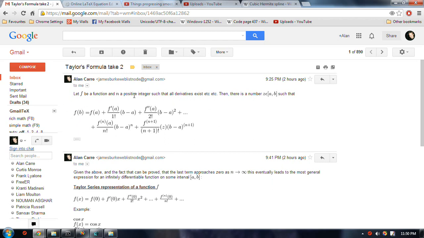Suppose f is some function, and n is some positive number, and z here, which is different from a, is somewhere within. Actually, these should be round brackets, I think. Should it be? Maybe square.